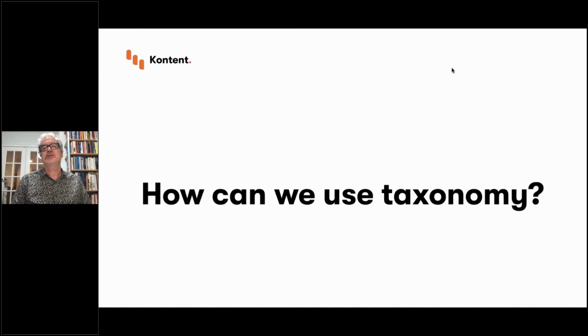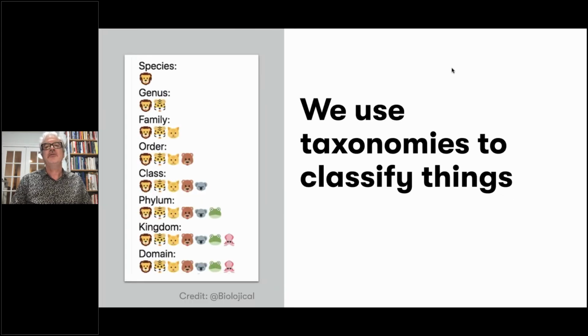So how can we use a taxonomy? Well, if you're familiar at all with taxonomy from any formal schooling that you have had, you may have encountered it in biology class. So biologists use taxonomies to classify things like plants and animals. And you probably remember seeing these Latin names, which would indicate what family something belonged to or what species something is.